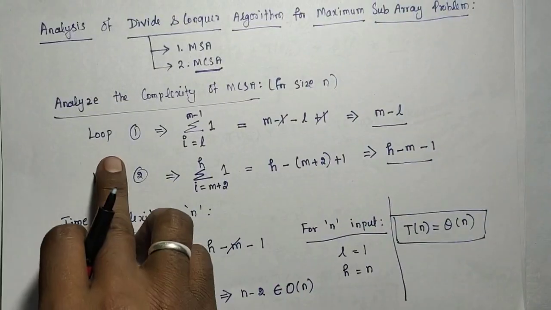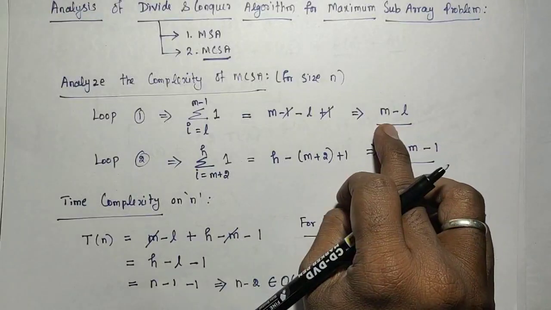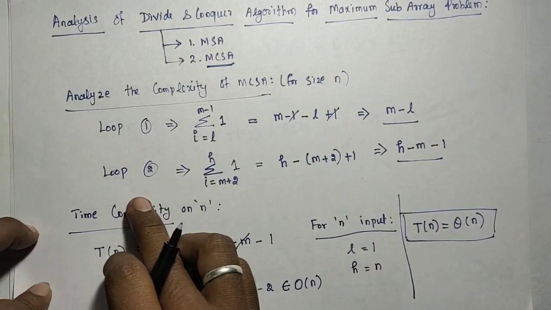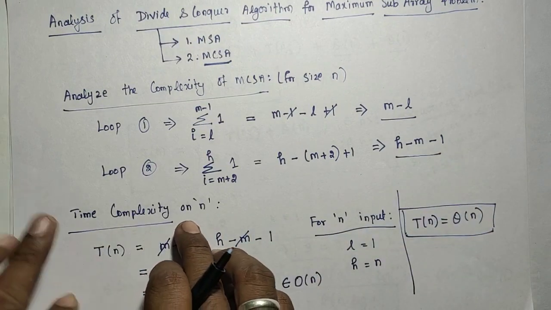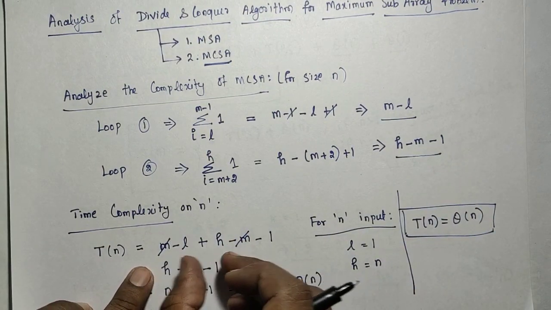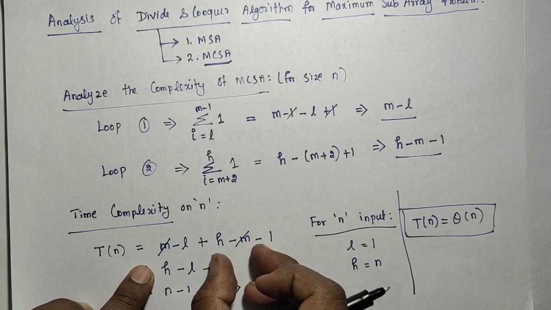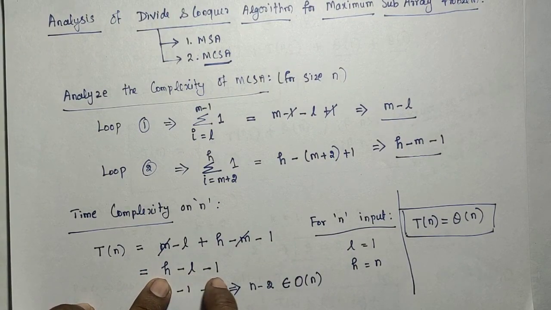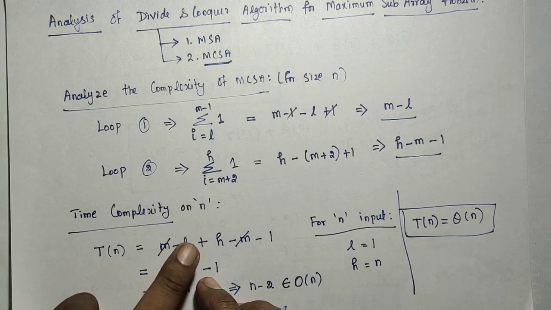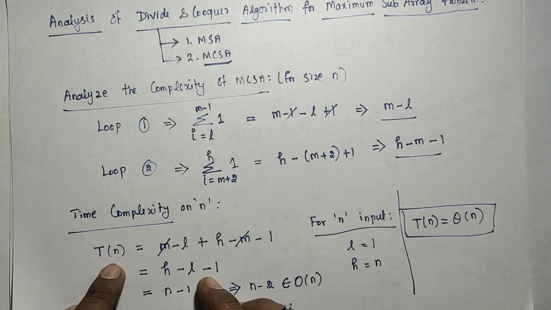Loop 1 will be executed m minus l times, and loop 2 will be executed h minus m plus 1 times. So the complexity is m minus l plus h minus m, where m cancels, giving finally h minus l minus 1.